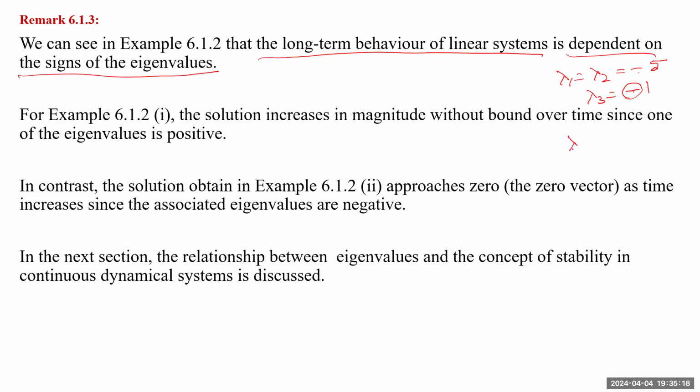Suppose one eigenvalue is minus alpha and lambda 2 is some positive value, then the long-term behavior does not approach 0. You can see in the first example, the solution increases in magnitude without bound over time, since one of the eigenvalues is positive.